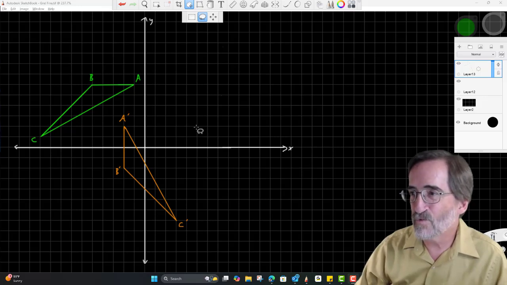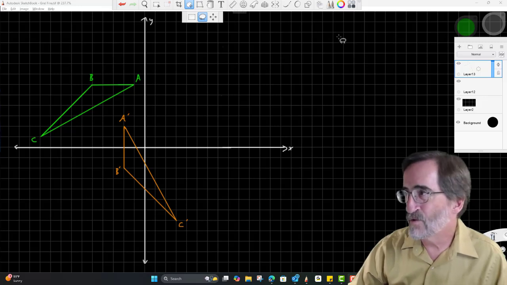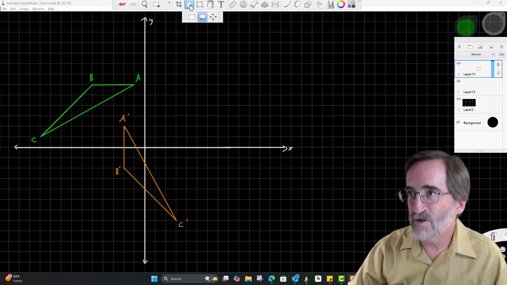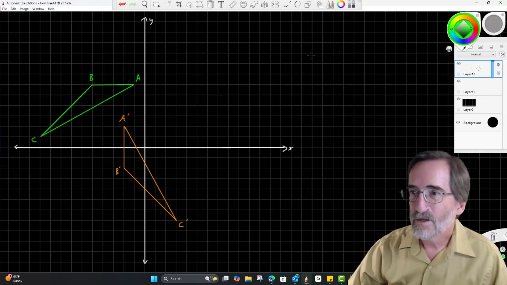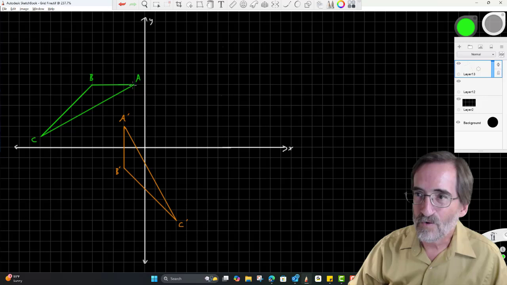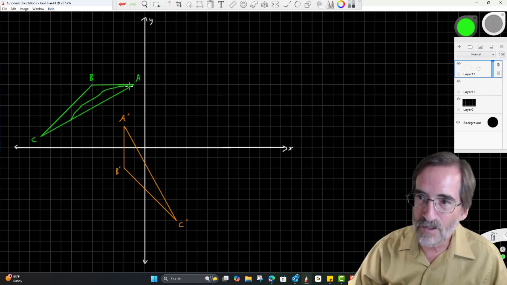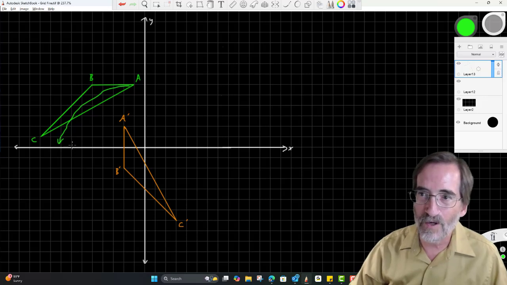So I'm going to rotate this thing. The way I'm going to rotate it, I'm just going to rotate it visually. I'm going to rotate it 90 degrees counterclockwise. The A is going to go down over there somewhere, right?